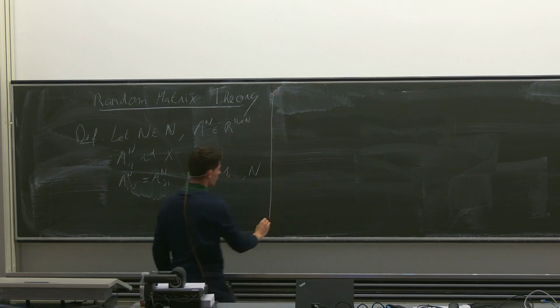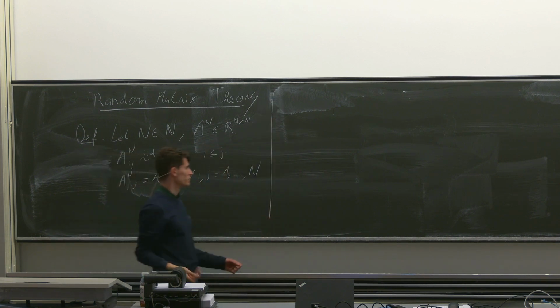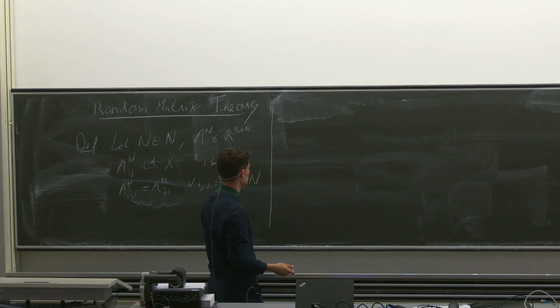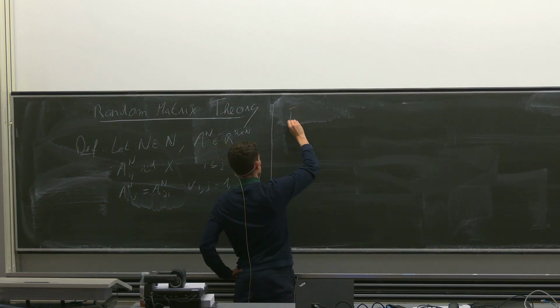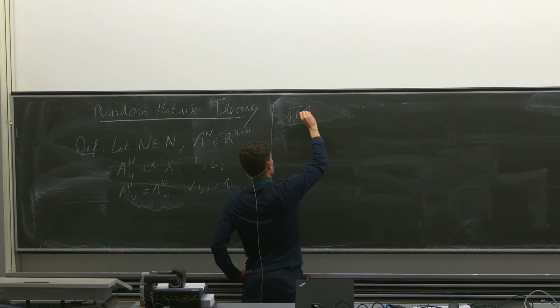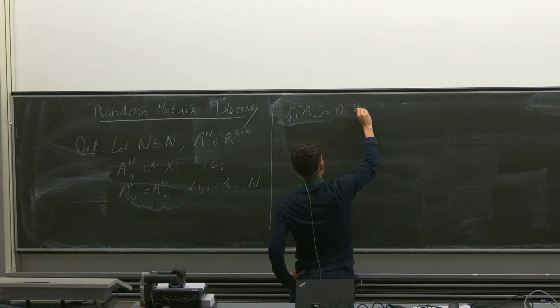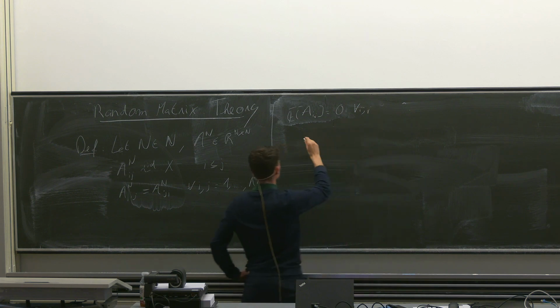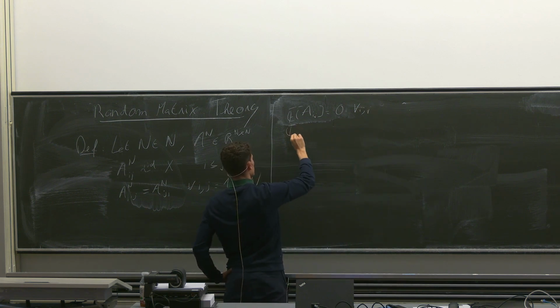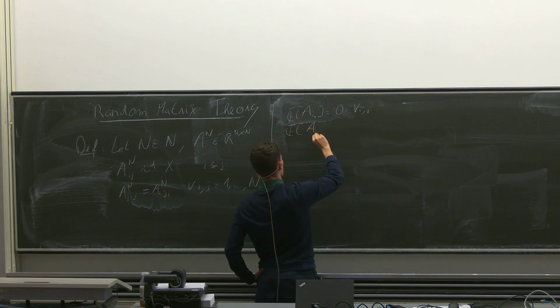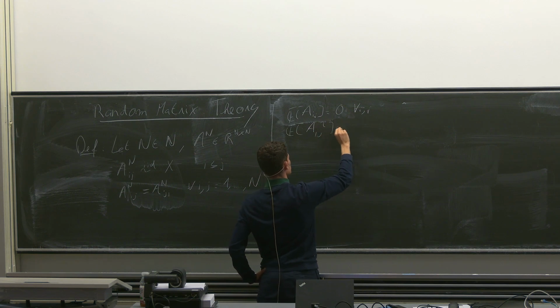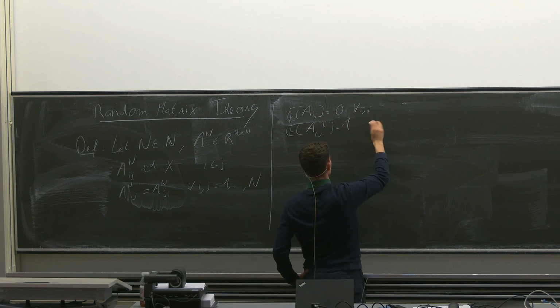And then we'll assume some other things on the entries just for simplicity. So we'll assume that the entries are centered. So the expectation of A_ij is equal to 0 for all i and j, and they also have variance 1. So the expectation of A_ij squared is equal to 1 again for all i and j.